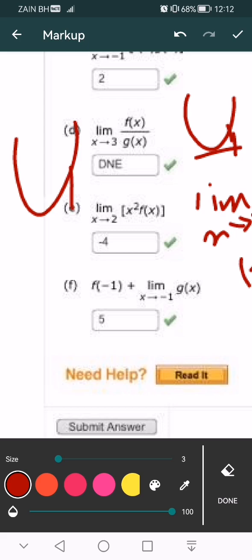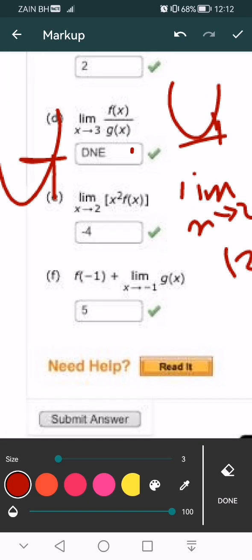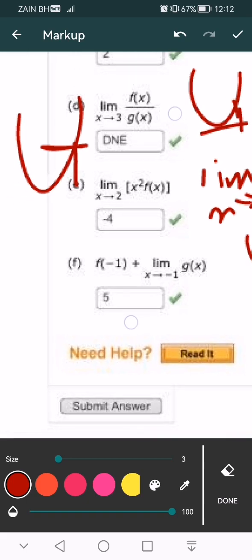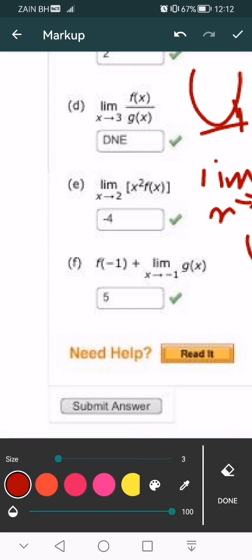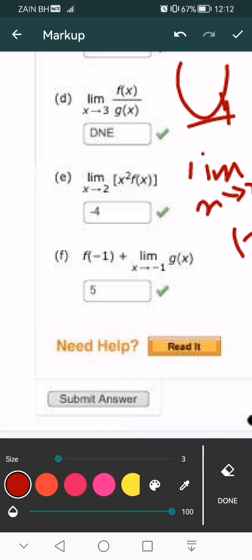So at x it will be 4. But you can substitute. It will be more basic, more easy.